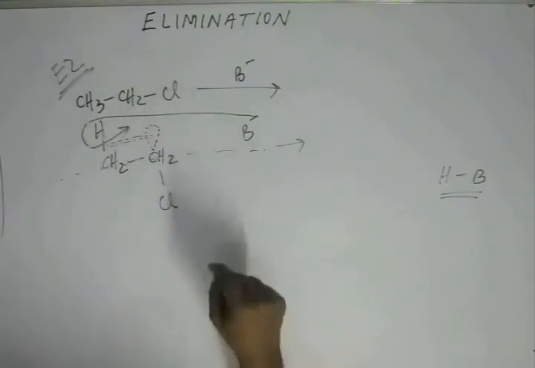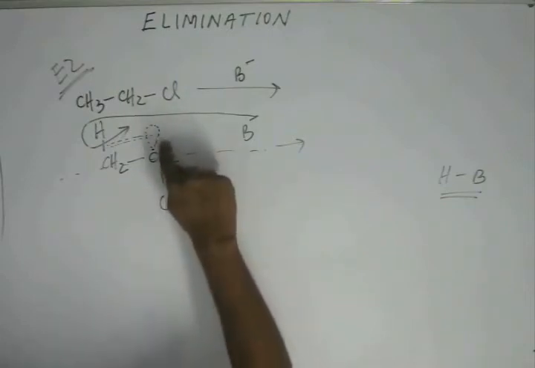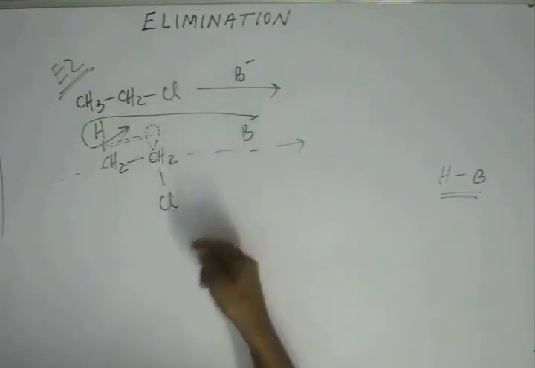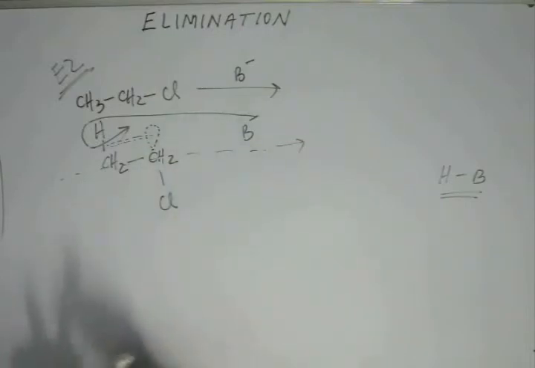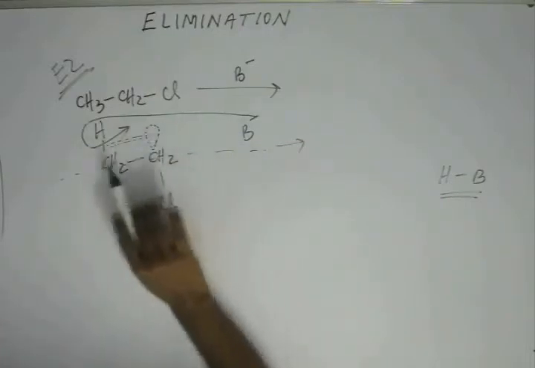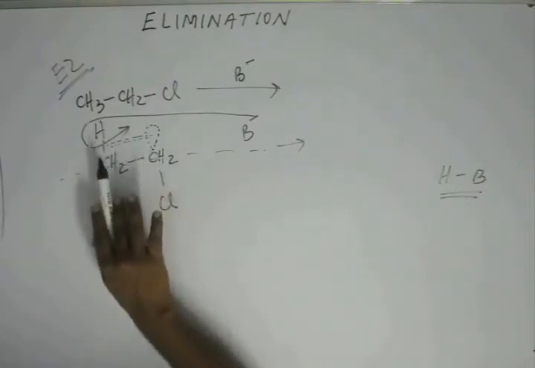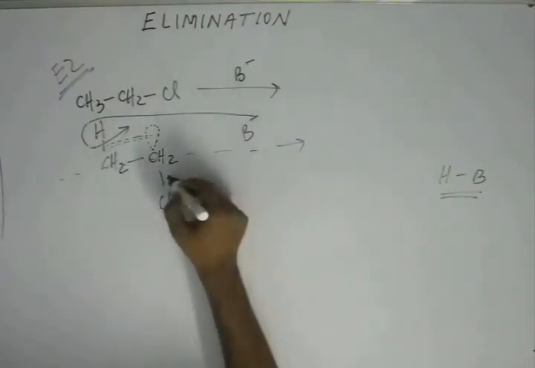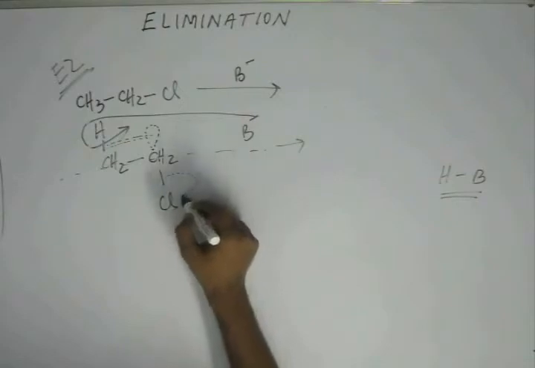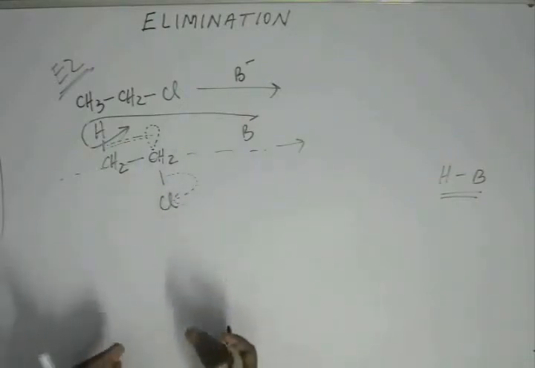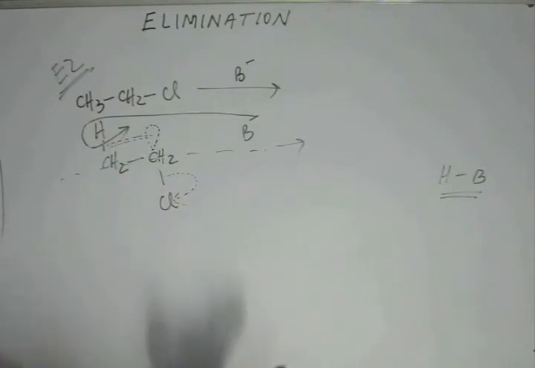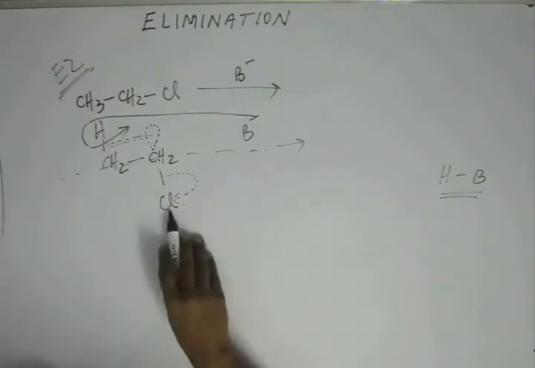If by some other source the electronic density in the anti-bonding is increasing, then the electronic density in the bonding orbital has to decrease. So since this anti-bonding is gaining some electrons from the adjacent CH bond, the electrons in the bonding orbital have to go out somewhere else, and that somewhere else would be the orbital of this chlorine.